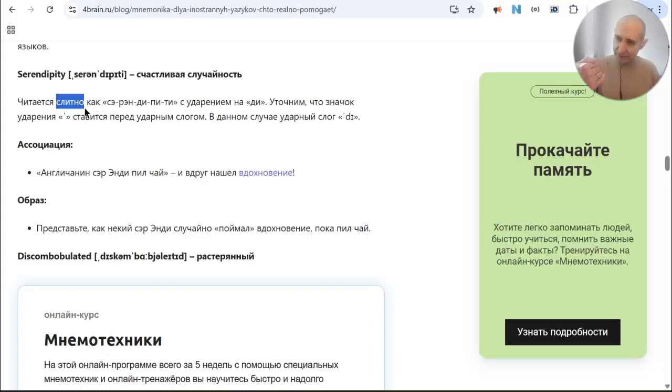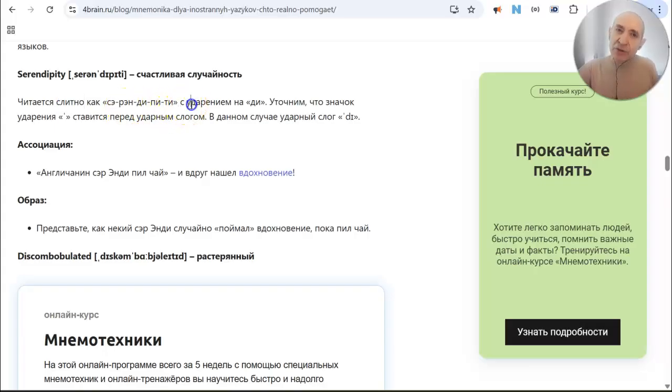That's passive. Yeah? Читается. So is read like slitno, as one chunk, like in an uninterrupted way. You can underline slitno. So it's read in an uninterrupted way, как, as, serendipity, like in Russian.